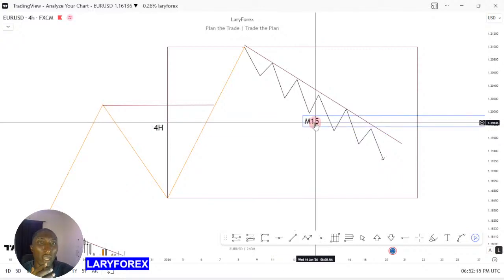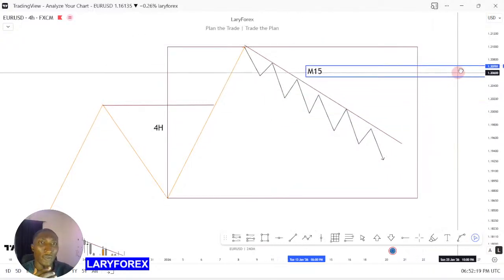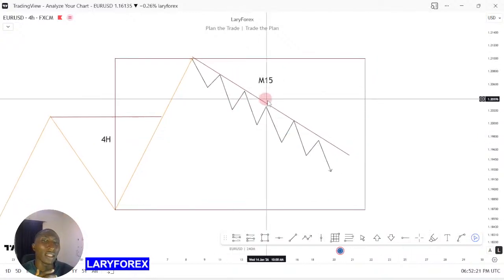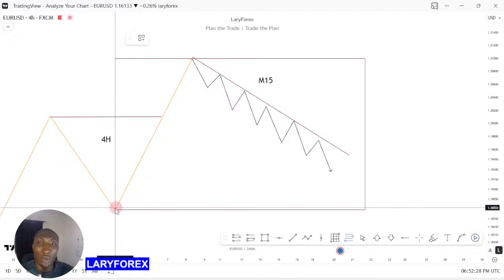You identify a trend line there. Are you guys following? So this is 15 minutes. This trend line is liquidity. Price came all the way down to the 50% equilibrium level to seek liquidity.